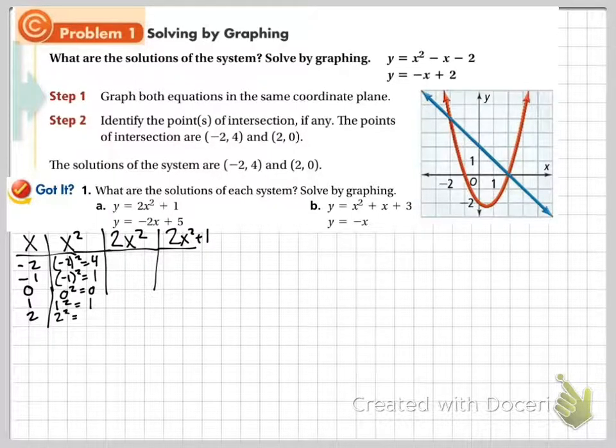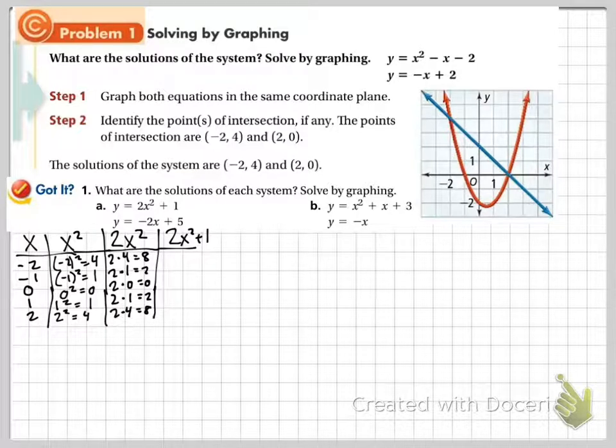And 2 squared is 4. Then I'm going to take those numbers and multiply them by 2. 2 times 4 is 8. 2 times 1 is 2. 2 times 0 is still 0. 2 times 1 is 2. And 2 times 4 is 8.